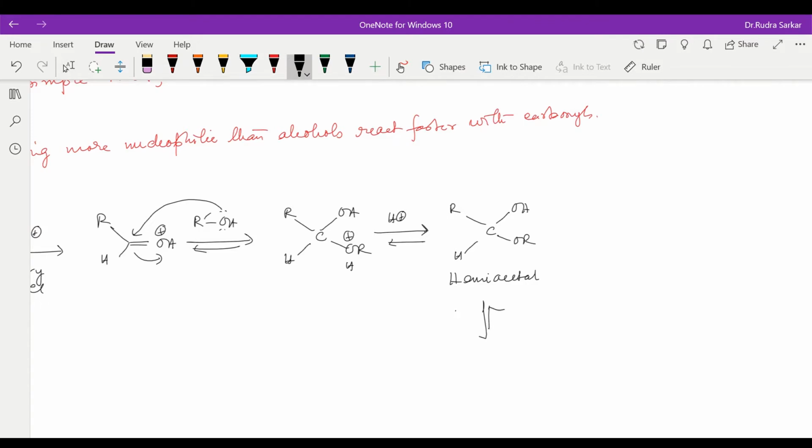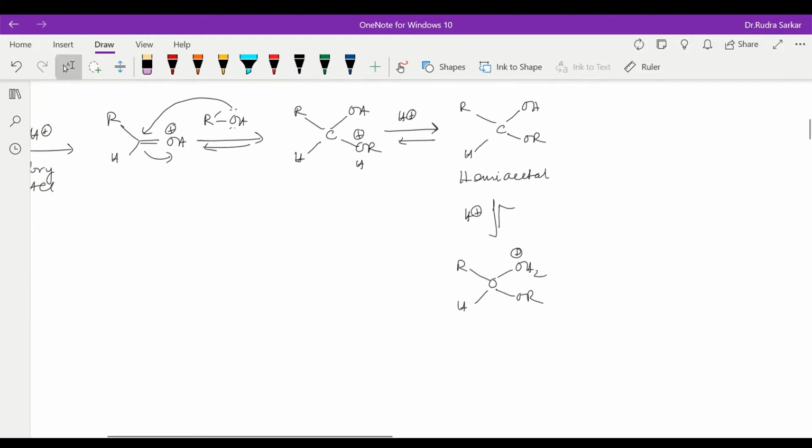Now, in presence of excess amount of alcohol, further protonation of the OH of a hemiacetal will take place, which will now lose water in the rate determining step. This is now resonance stabilized.